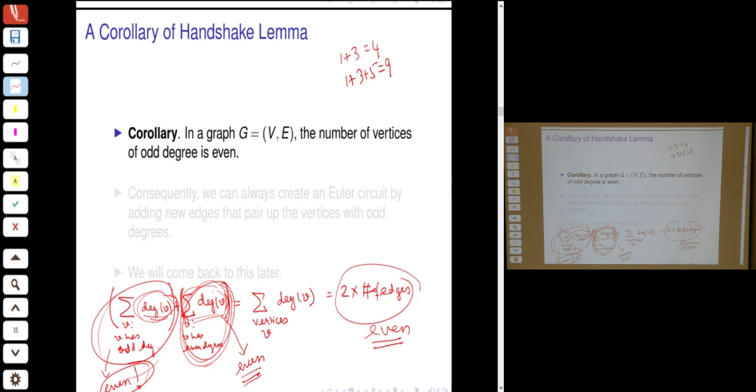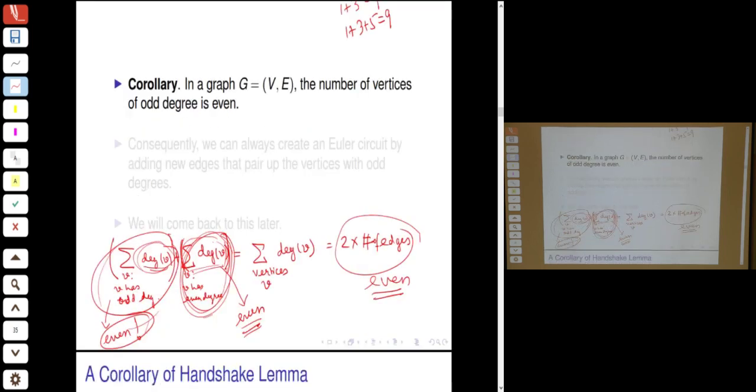If you take an even number of odd integers, the sum is even. So if you have a bunch of odd integers and their sum is even, then the total number of those odd integers in the first place has to be even. So that is the ball game. The handshake lemma implies that the total number of vertices of odd degree is even. Okay?